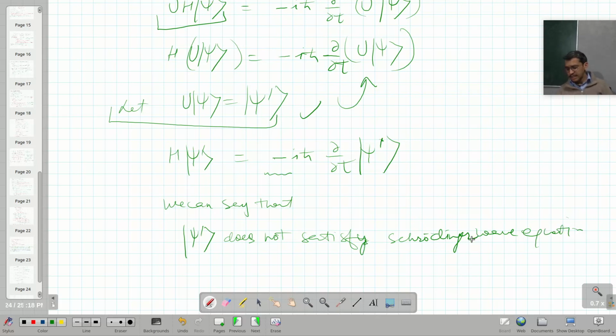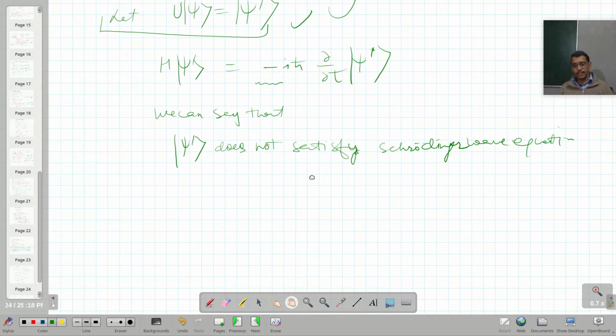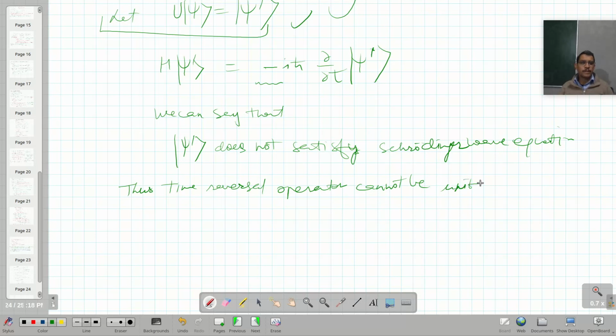Right? Thus the time reversal operator cannot be a unitary operator. This we have to keep in mind.